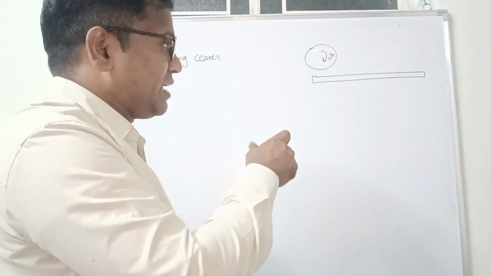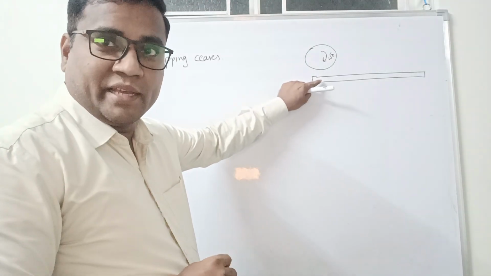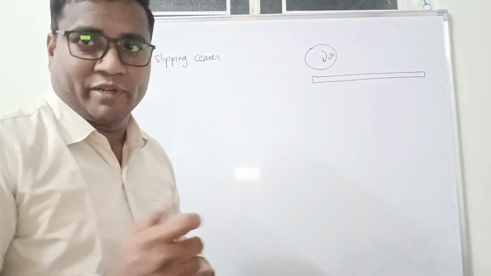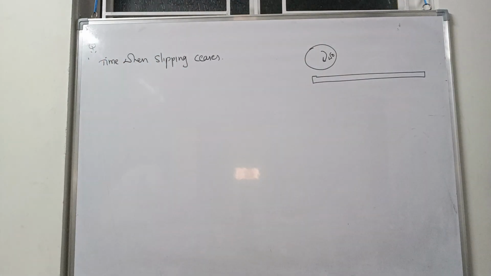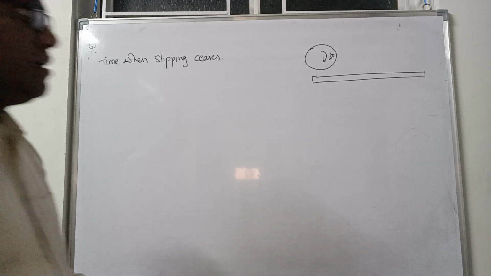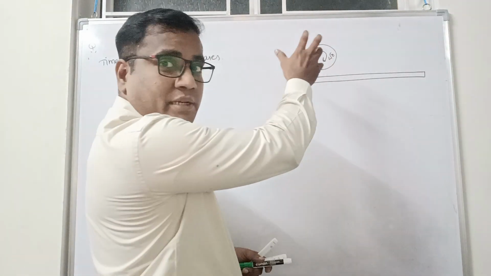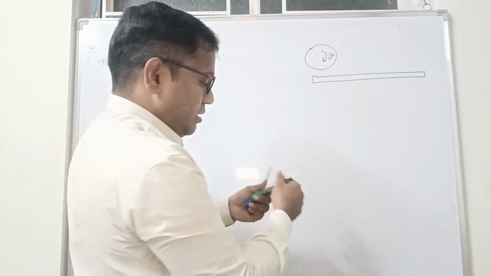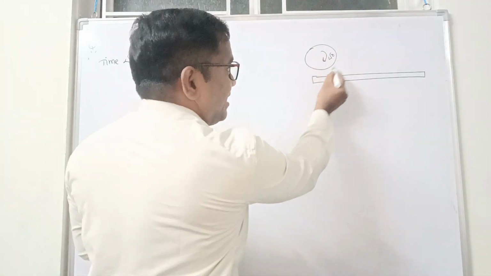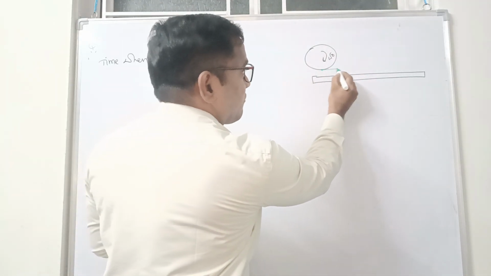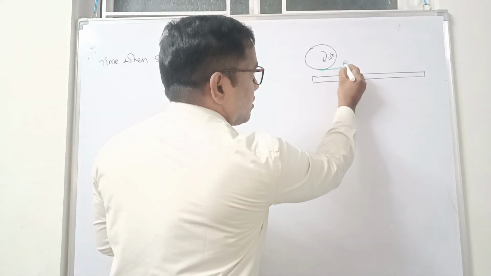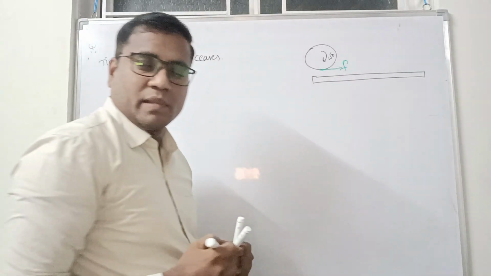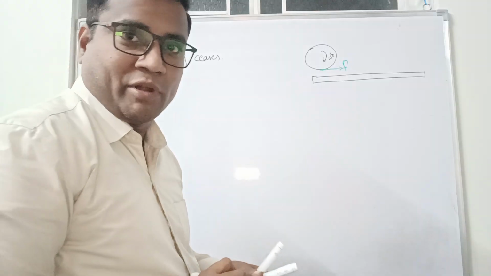At the time of contact, observe the direction of the frictional force. The disc is rotating in this direction, so at this point the frictional force will be in this direction. Clear? I hope you understood, right?